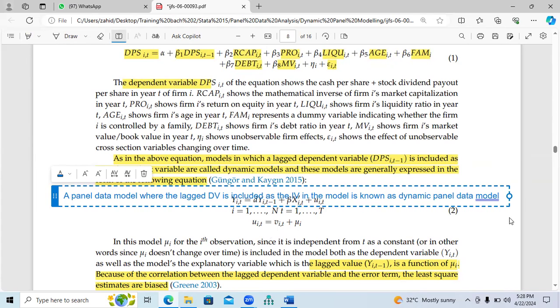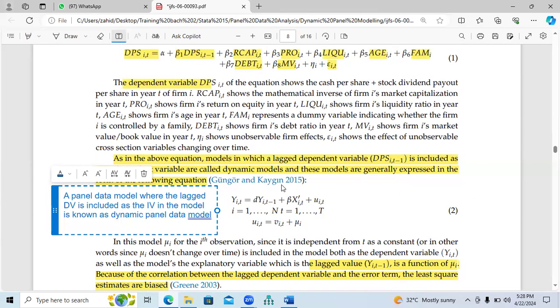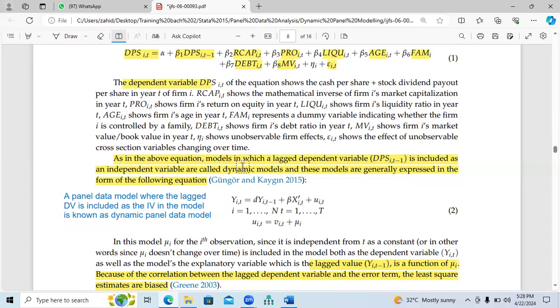So this is a very simple definition, and you can provide the reference like Gungor and Cajun 2015. This is the reference for providing this definition.